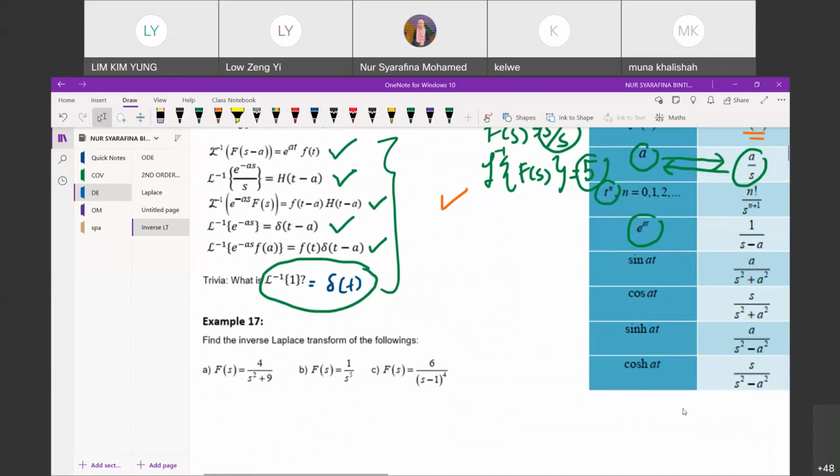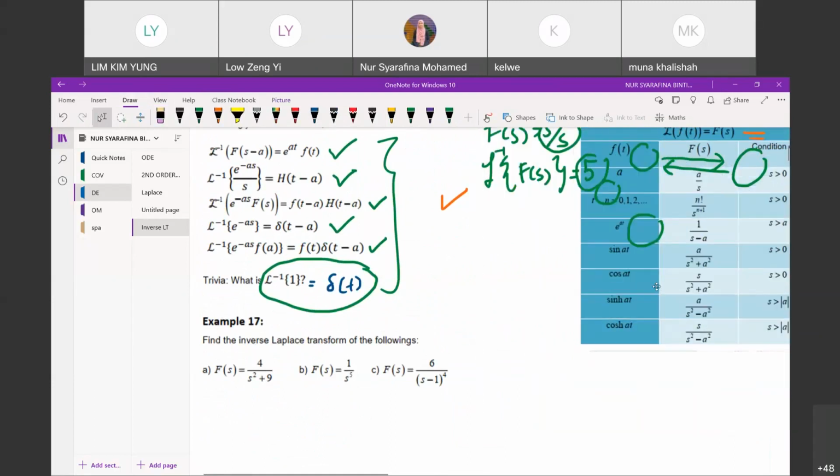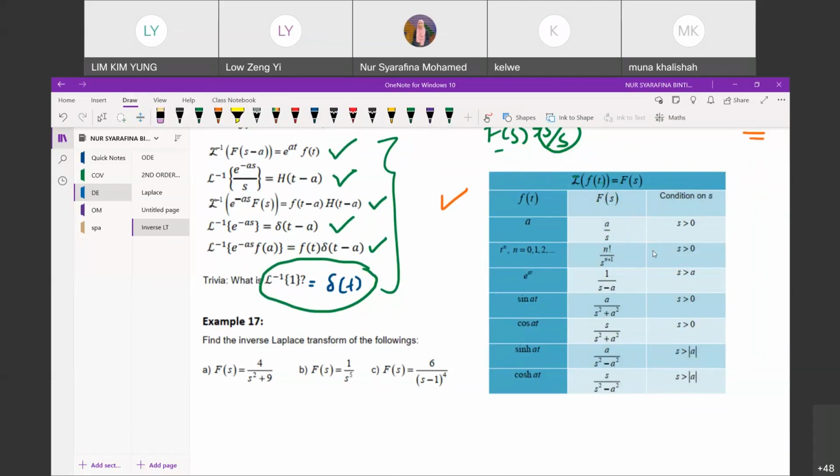So you need to match with the table of transformation first, which form is mapped to the function given here. We have s squared plus some value, and we have a value here. So as you can see, this is s squared.